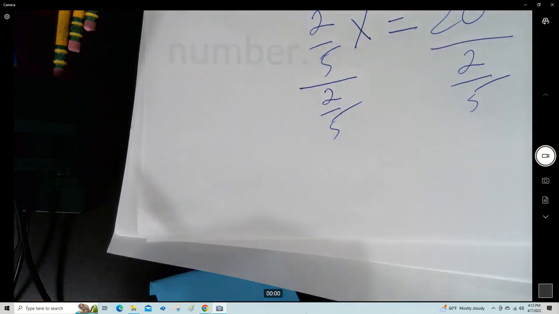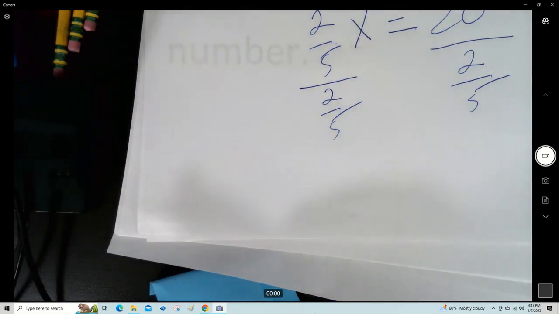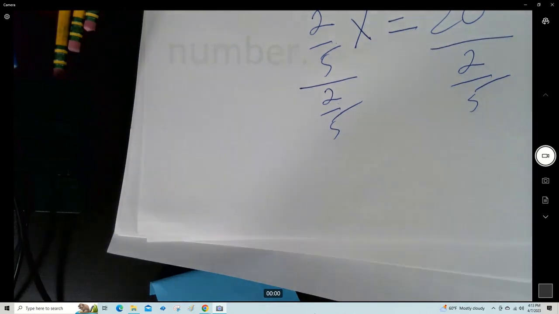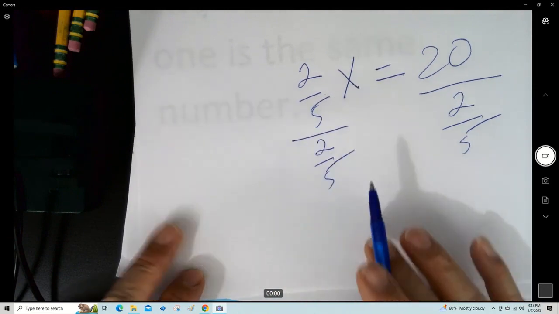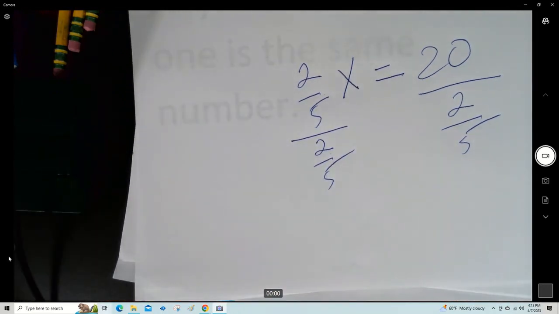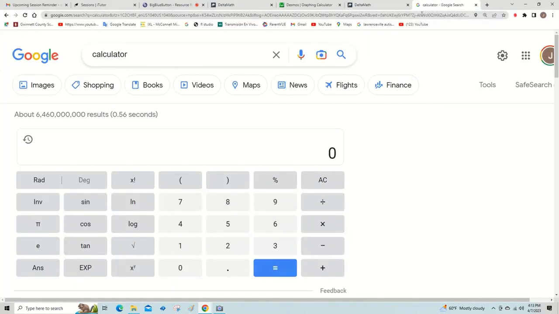You know what I'm going to do? I'm going to get that teachable moment here. Move my stuff. And I'm going to leave this for a second and take this right here, 2/5 divided by 2/5. I'm going to go to my calculator online here. Let's see it. Here it is. All right. And 2/5 is, we put parentheses, 2 divided by 5 because that's 2/5.